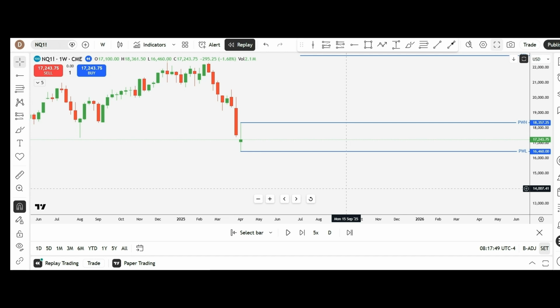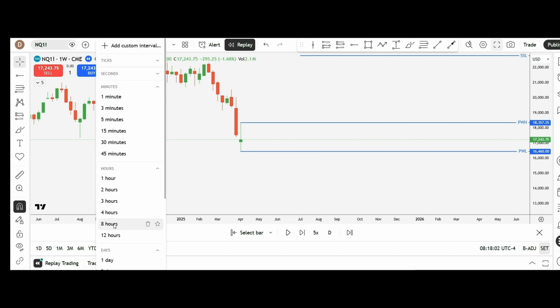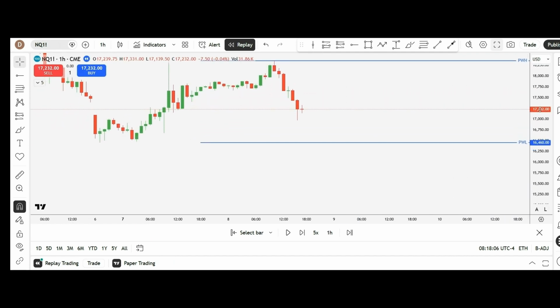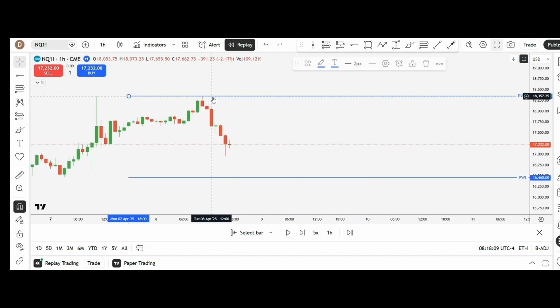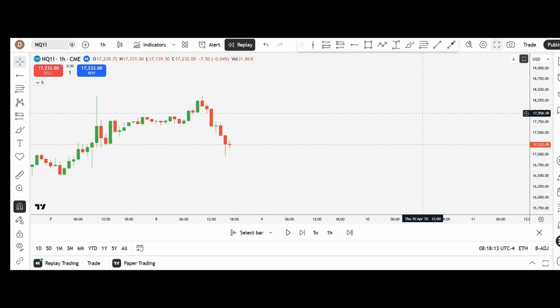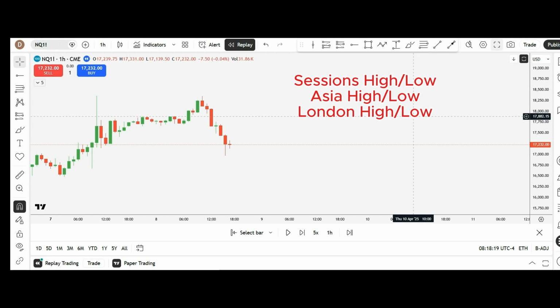And also for whoever is trading Nasdaq, like myself, the session highs and lows are also important levels to be monitored on your chart. What do I mean by sessions highs and lows? Obviously, you understand what I'm talking about.